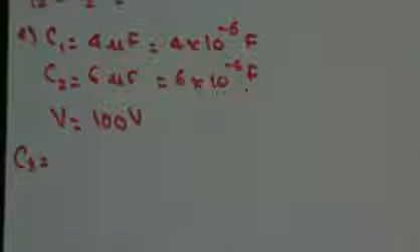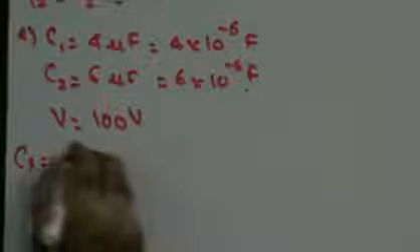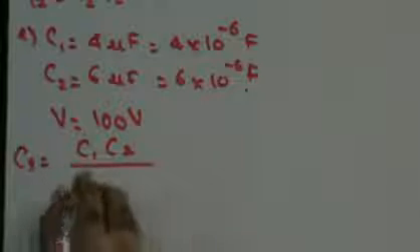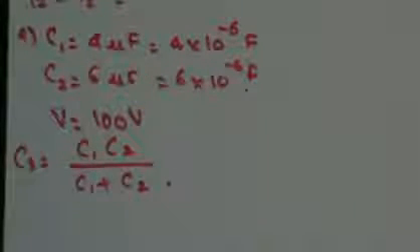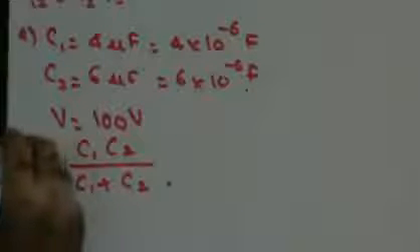Now, first thing they've asked you to find out is capacitance in series. Capacitance in series is C1 C2 upon C1 plus C2, right? So you should be able to get the capacitance in series. That's the first part of the question.